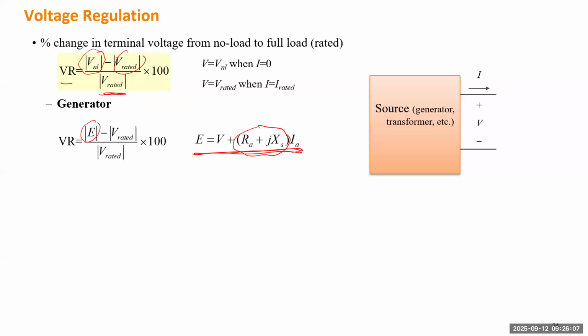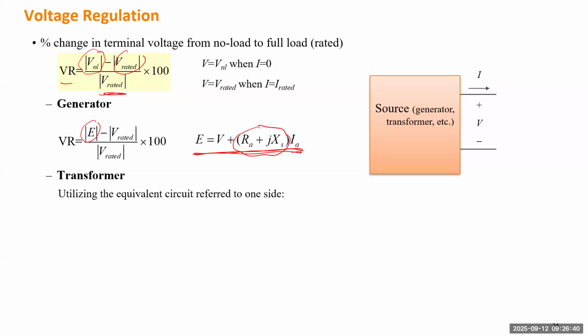For instance, if you can reduce the leakage flux, that can reduce the synchronous reactance. If you use better material to reduce the loss of the generator, that can decrease the RA, right? So that will reduce the impedance. When you reduce that internal impedance, that makes the terminal voltage close to the E inside the source.